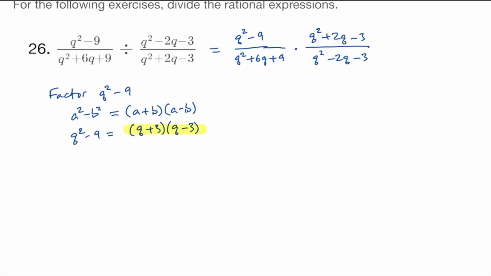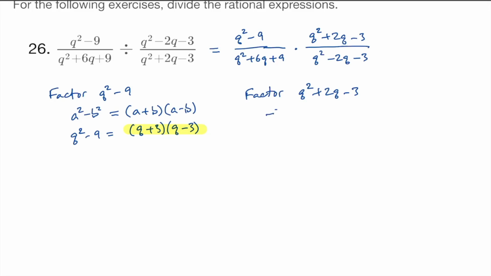Okay, and so now let's factor the other term in the numerator. So we're going to factor q squared plus 2q minus 3. Okay, this is a trinomial with leading coefficient 1. And so we just need to look at the factors of minus 3.